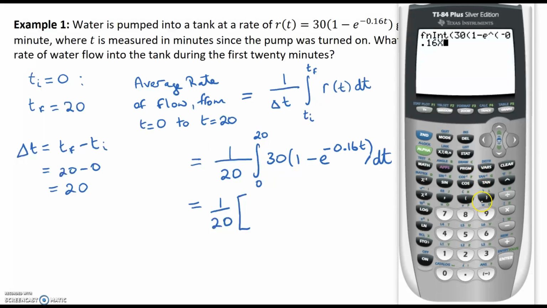I need parentheses for the exponent on the e, and also another parentheses because we opened one after the 30. Okay, so that's the expression we're going to integrate.